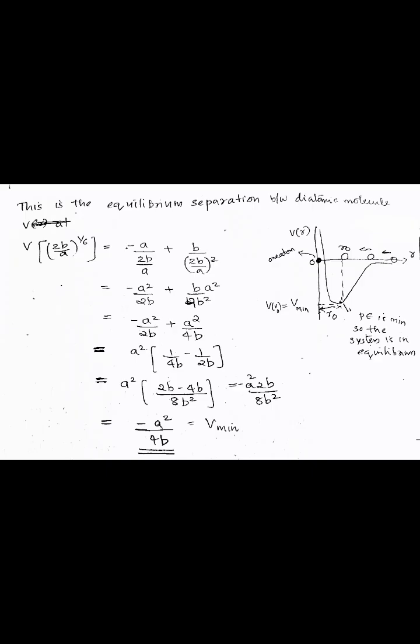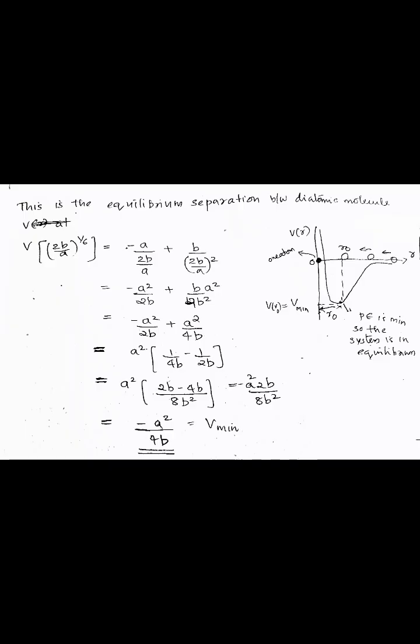Here we need to find out the value of V at this equilibrium separation, that is V of (2b by a) the whole raised to 1 by 6, and this is equal to minus a by 2b by a plus b by (2b by a) the whole square, that is equal to minus a square by 2b plus b a square by 4b square, which is equal to minus a square by 2b plus a square by 4b, which is equal to a square into 1 by 4b minus 1 by 2b, which is equal to a square into (2b minus 4b) by 8b square.